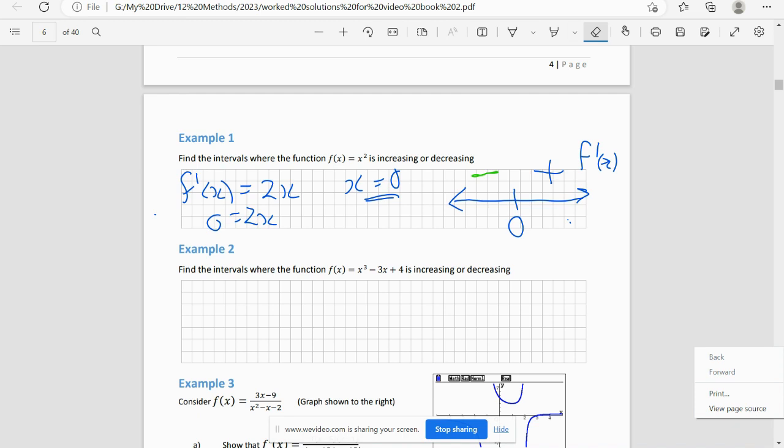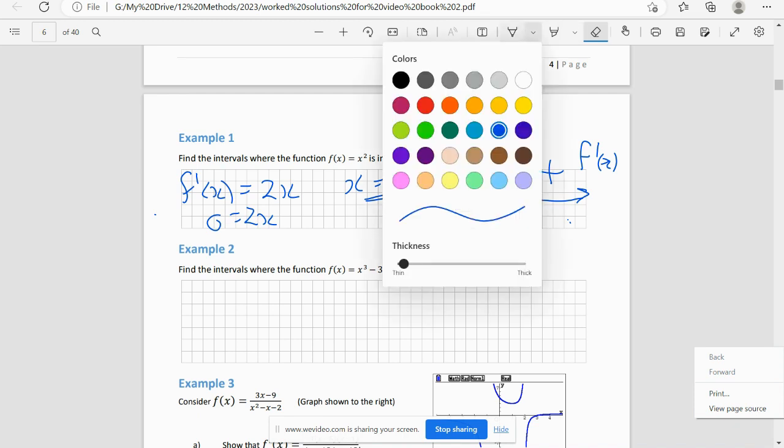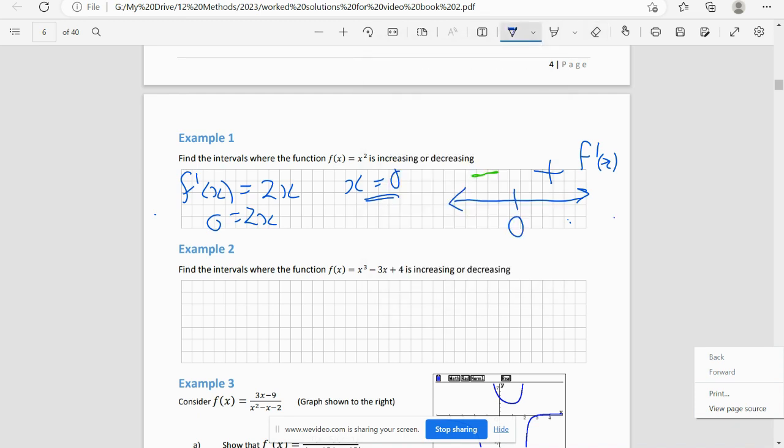Remember from your notes, it is increasing when the derivative is positive, and decreasing when the slopes are negative. From our little sign diagram, we can see that it is increasing when x is greater than 0, and it is decreasing when x is less than 0.